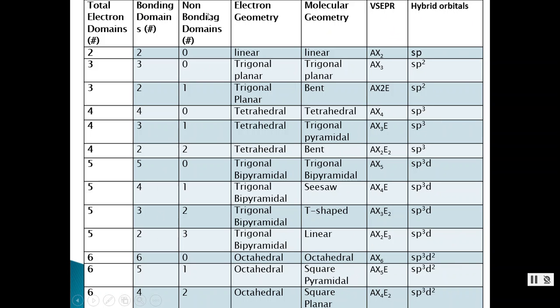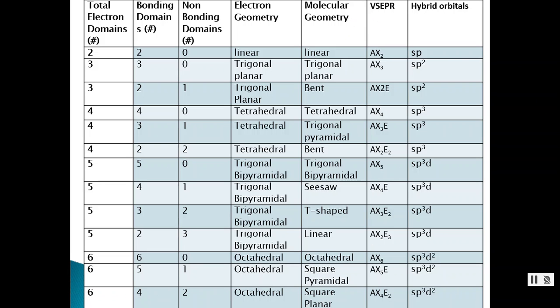The first 6 columns of this chart were given to you in Chapter 8, and they related the VSEPR notation of a molecule to its particular molecular or electron geometry. And I told you that for the exam, you just needed to memorize the molecular geometry and the corresponding VSEPR notation, or AXE notation.